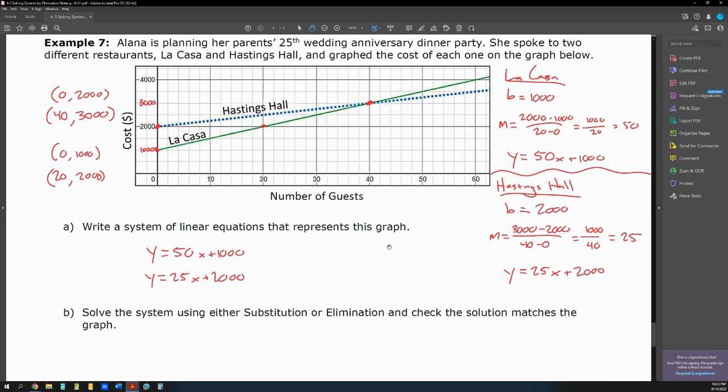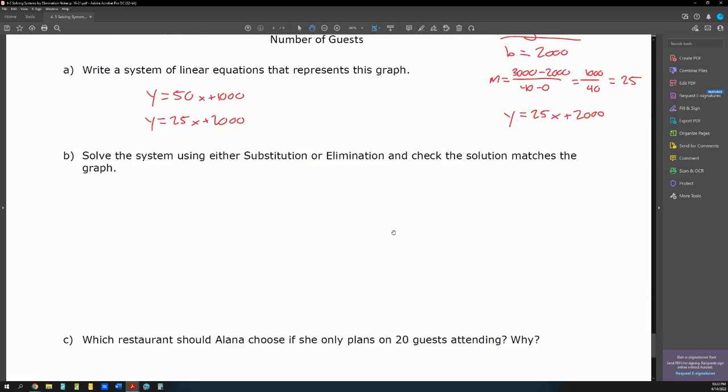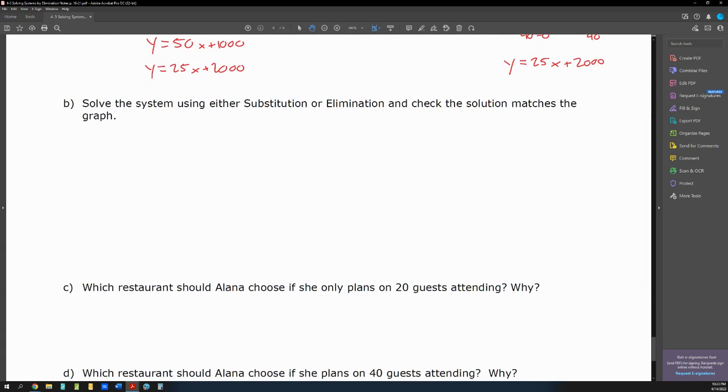Part B, solve the system of equations using substitution or elimination. Well, I notice that both of these are solved for y, so I can just set these expressions equal to one another. So 50x plus 1,000 is equal to 25x plus 2,000. Solving for x, I'm going to subtract 25x from both sides.